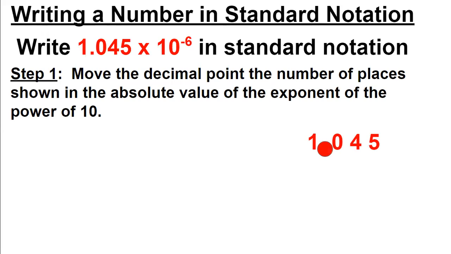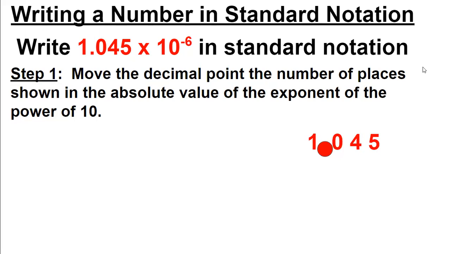Now we're going to have to move our decimal point to the left to make our number get smaller. Remember, on the last lesson, we moved our decimal to the right to make our number get bigger. But now we're talking about negative exponents, which makes our number get smaller, because we're really dividing by 10 to the power of 6.